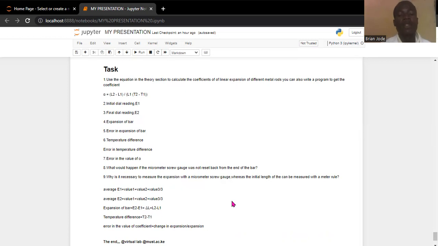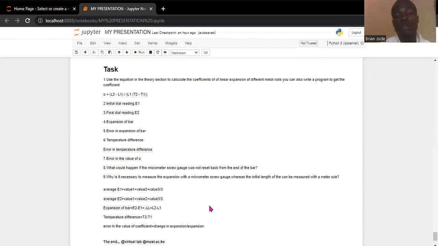So this is all about the linear expansion experiment. As we've talked about, it has many applications, like in riveting. The concept is highly applied. And also when we are analyzing the data and making a comparison, you will see what materials are suitable maybe for buildings and why. You can give the reason why.